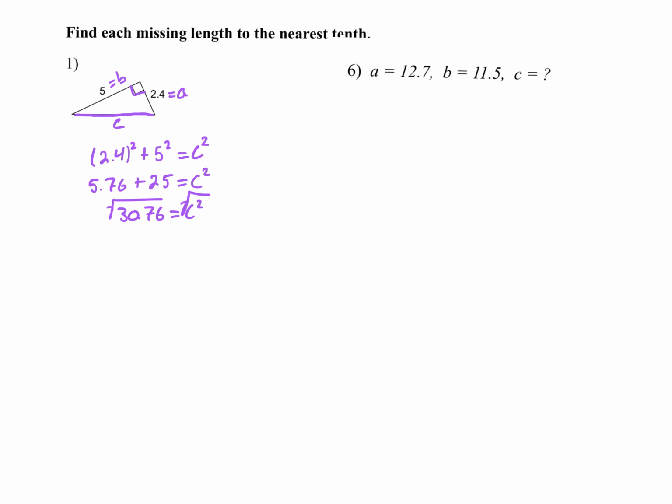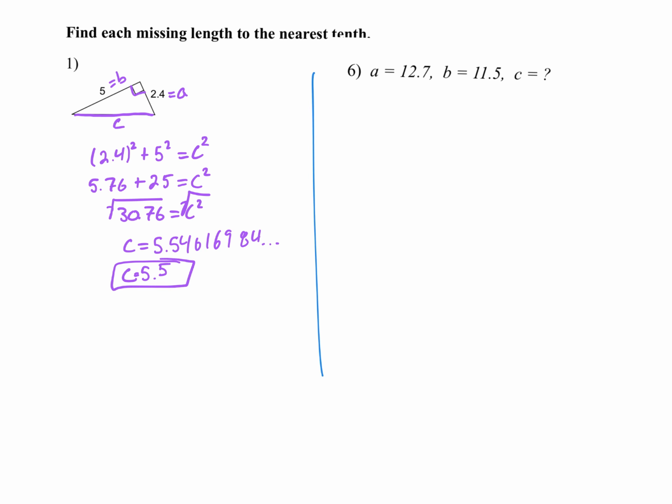So you get C is equal to the square root of that 30.76, which comes out to be a really long number, 5.5461698 blah blah blah. But we're just going to round to the nearest tenth here. So we're going to say 5.5 is going to be our answer.